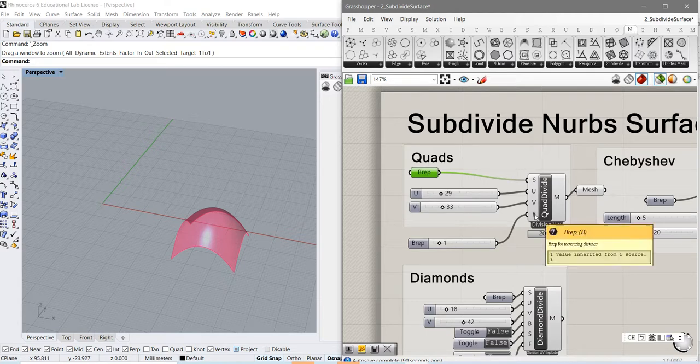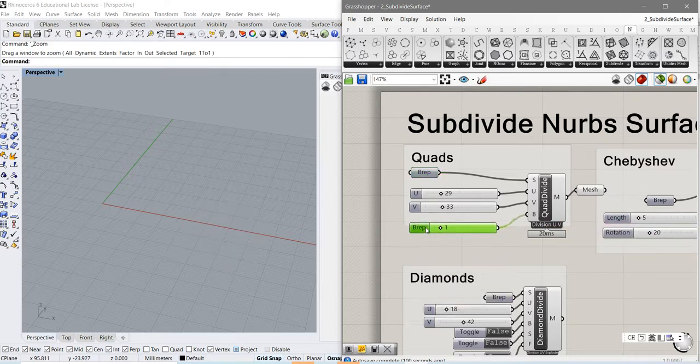Okay, and then this breadth input, this one somehow is not so clear. Later we can see what difference it makes when you have different inputs.